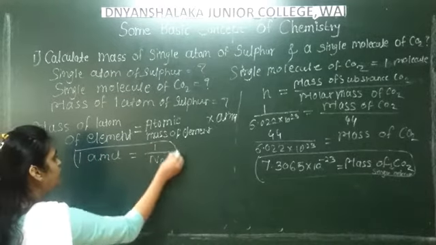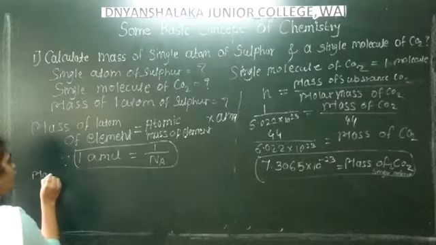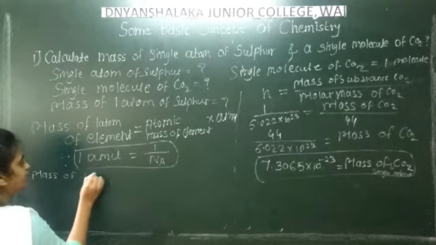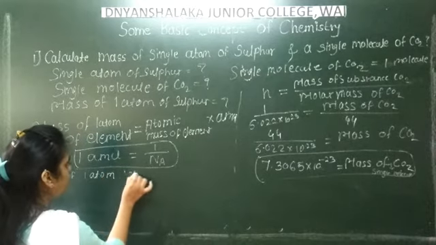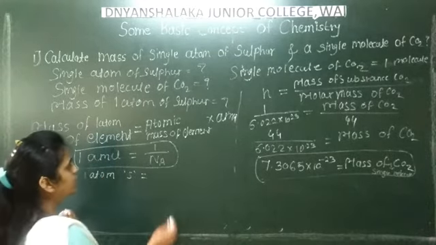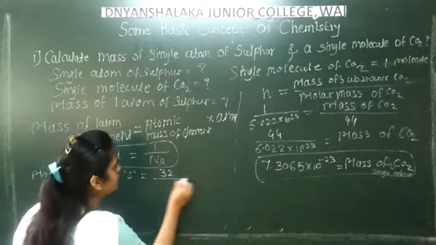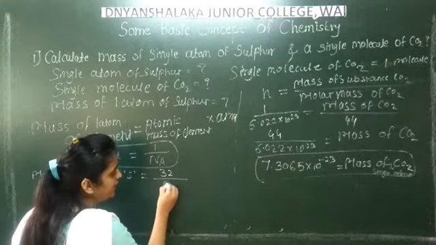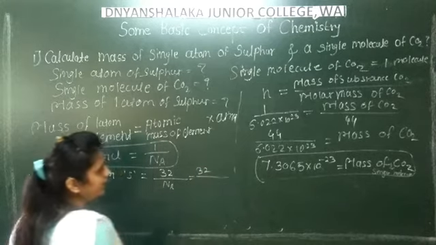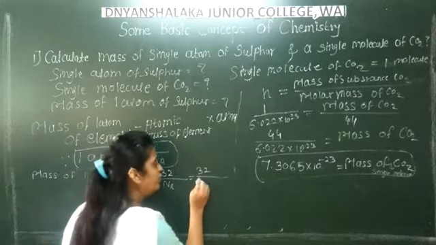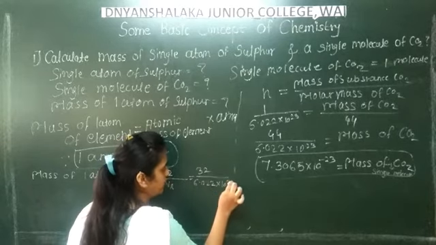So putting this value, the mass of one atom of sulfur is equal to the atomic mass of sulfur, 32, and 1 AMU means 1 upon Na. So 32 upon Na, the Avogadro constant value 6.022 into 10 raised to 23.